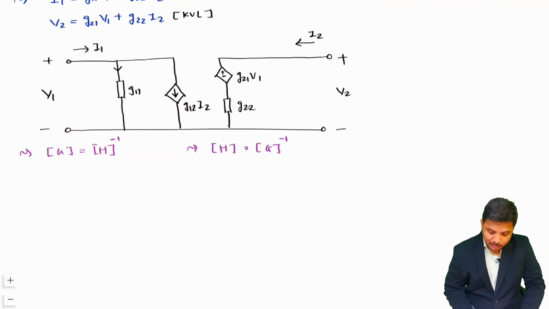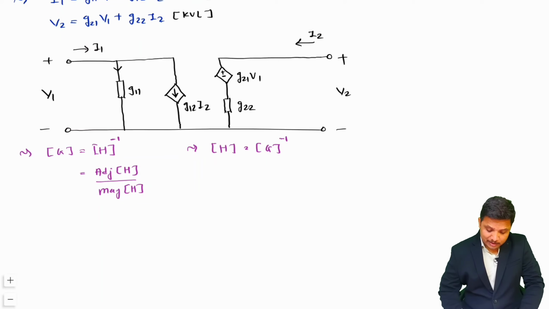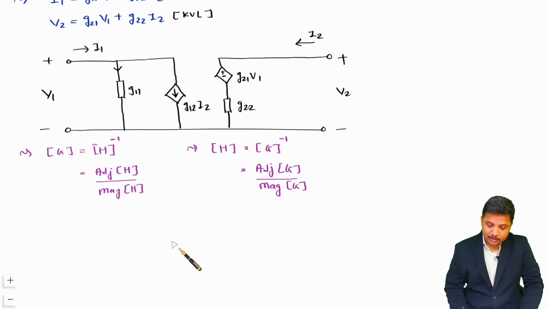Now how to calculate the inverse? I have already told that you should find the adjoint of H divided by the magnitude of H. Similarly, for the inverse of G we should find the adjoint of G divided by the magnitude of G.